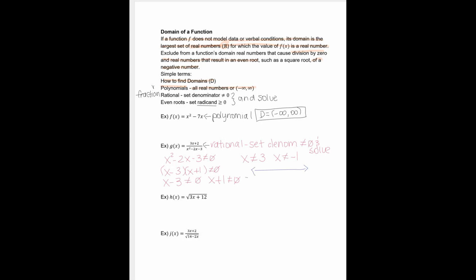So from -infinity to +infinity is all our real numbers, but it can't be these two. So surely we know -1 goes on that side and 3 goes on this side. If you don't, again, send me an email. Now, anything here is game. Anything here is game. Anything here is game. Cannot be -1 and it cannot be 3.